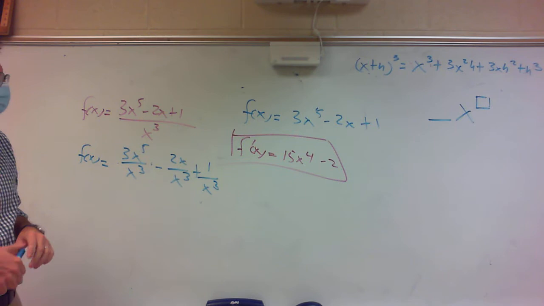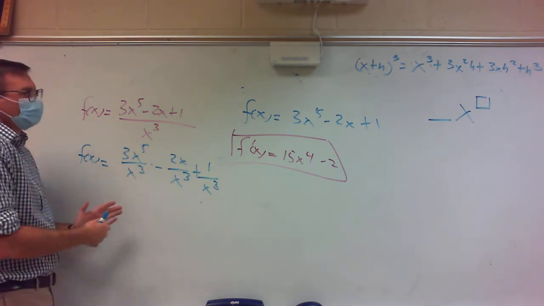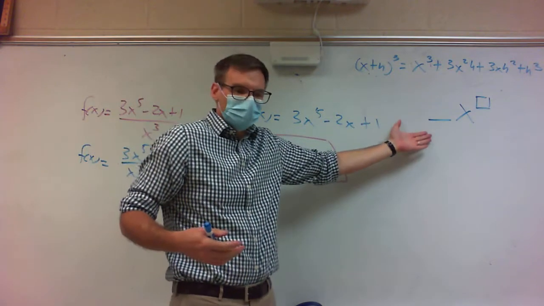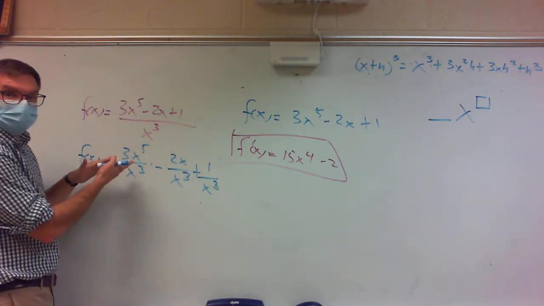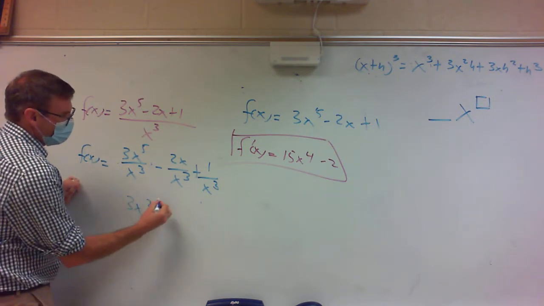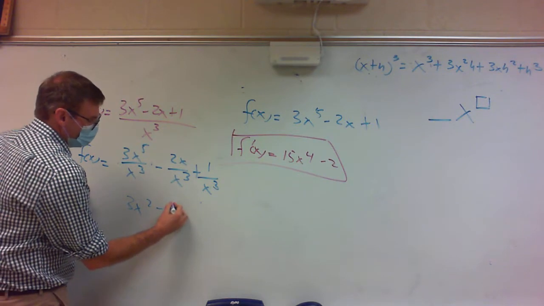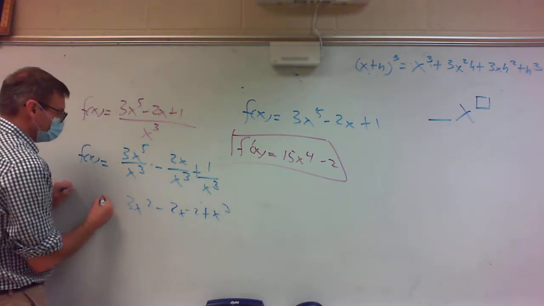Now, individual terms still don't help me. I'm still not there. But what I can do is simplify this. If I simplify, this is going to give me 3x squared minus 2x to the negative 2 plus x to the negative 3.